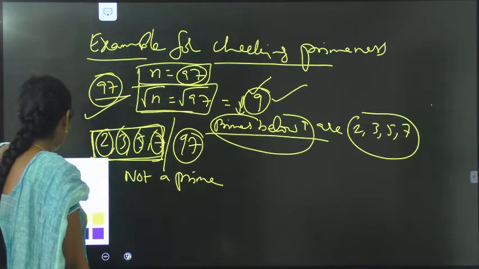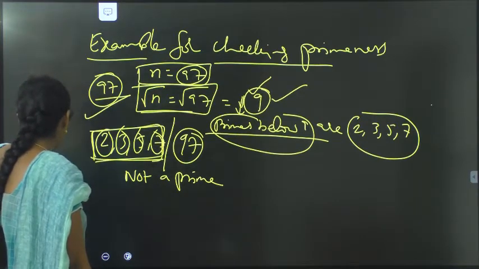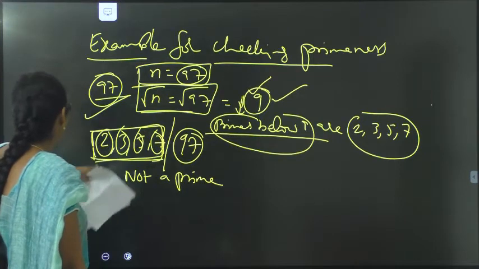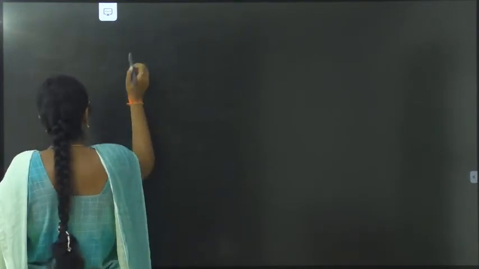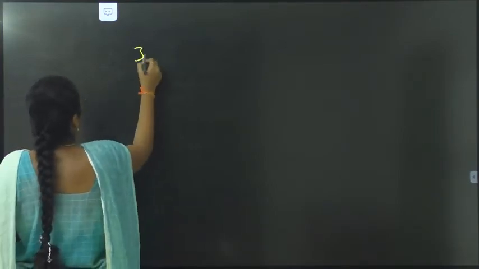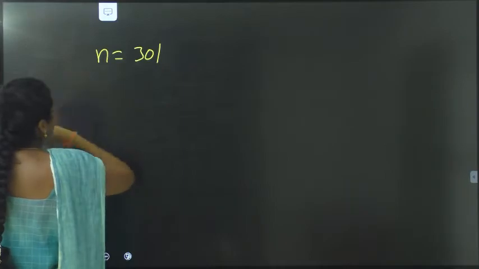We'll see one more example. My n value is 301.